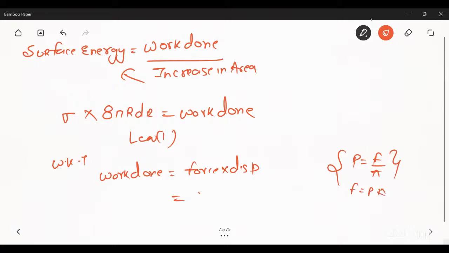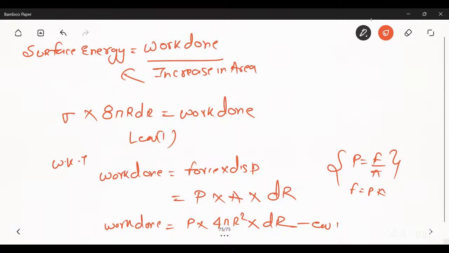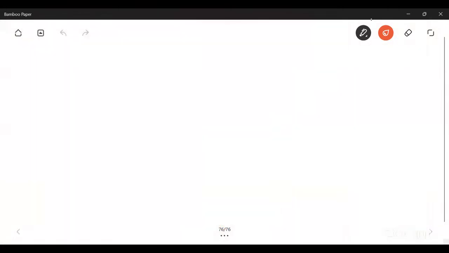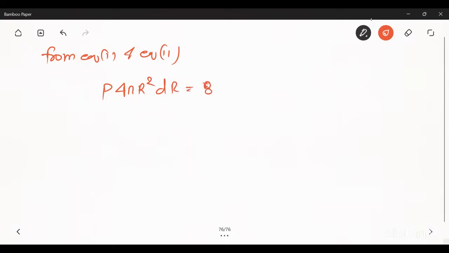The displacement is the increase in radius, that is dr. So work done equals P into the initial area, 4 pi r square, into dr. That is also work done. From equation first and equation second, both are values of work done. So P into 4 pi r square dr is equal to 8 pi r dr times surface tension.